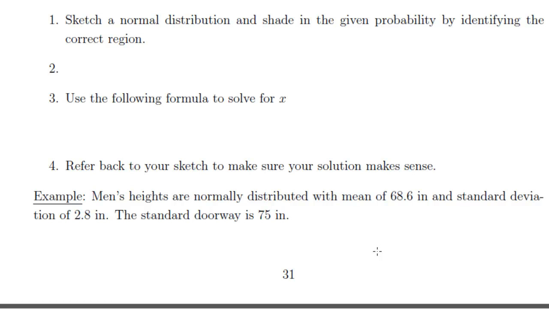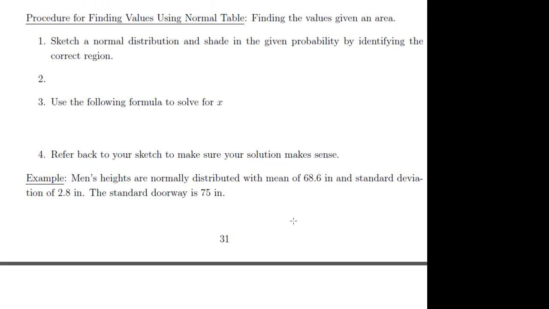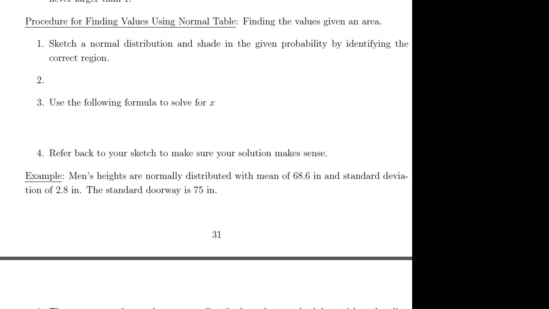All right, so if we want to do the reverse of this, we want to find the values for a given area. We still want to start out the same way. We want to sketch a normal distribution and shade in the given probability. And the next thing we would want to do would be to look up a z-score for the given area.